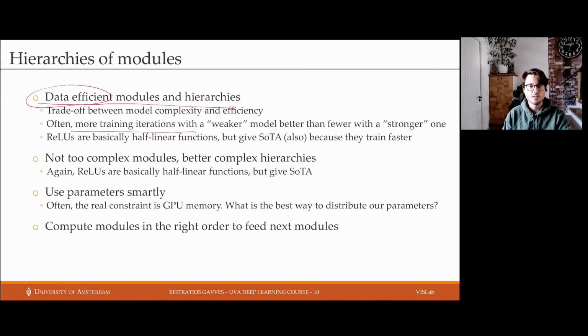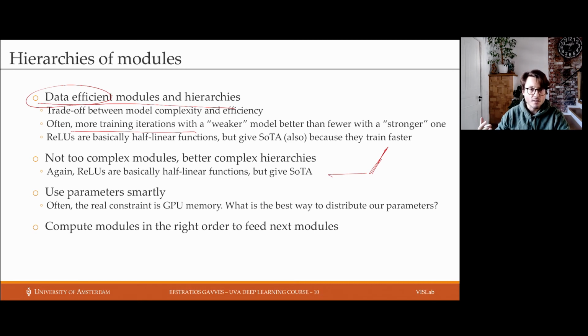Often it turns out that it's more beneficial to have more training iterations with a weaker model than the other way around. And a great example is ReLU. Although our ReLU module is very simple, it's just a half-linear function, it still returns very good numbers. It returns state-of-the-art numbers. Now, intuitively, that's not very hard to explain because even with simple modules, like the ReLU, once we cascade them appropriately, we can arrive at very complex functions.